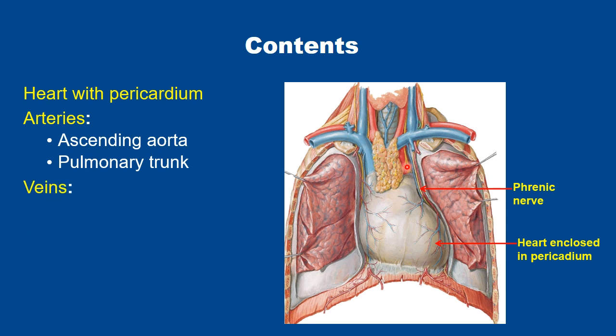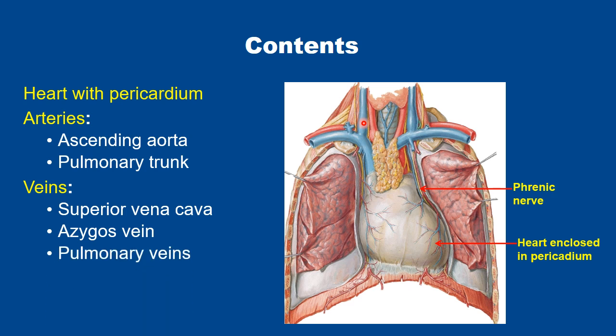It also contains some veins like the superior vena cava, then the azygous vein. Here this is the arch of the azygous vein, and the tributaries of the superior vena cava, and the pulmonary veins.